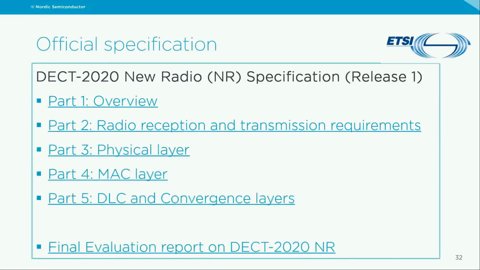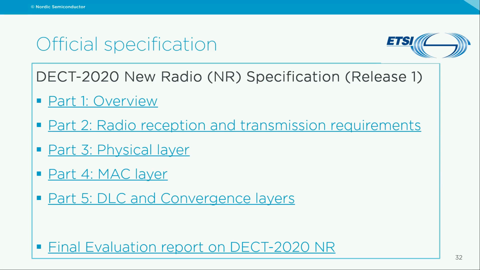So the official specification of DECT NR Plus, or the technical term DECT 2020 new radio specification, is on release 1. This has been developed by ETSI, and we have part 1, the overview specification, available online.